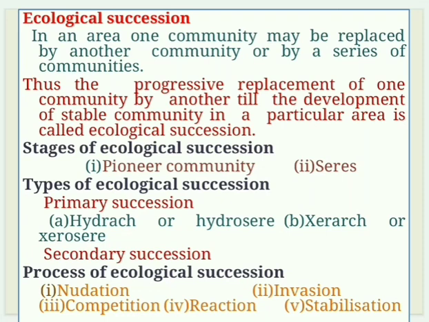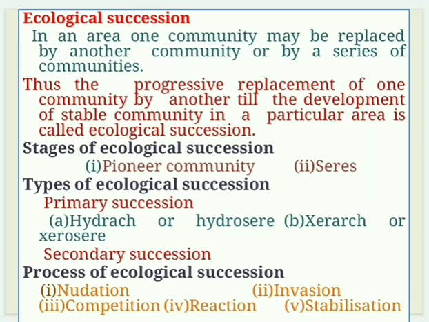So it will be suitable for some species and not suitable for some other species. Whichever is suitable will be established, that is known as reaction. And the last process is stabilization. It leads to a stable community which is in equilibrium with the environment, that is stabilization.